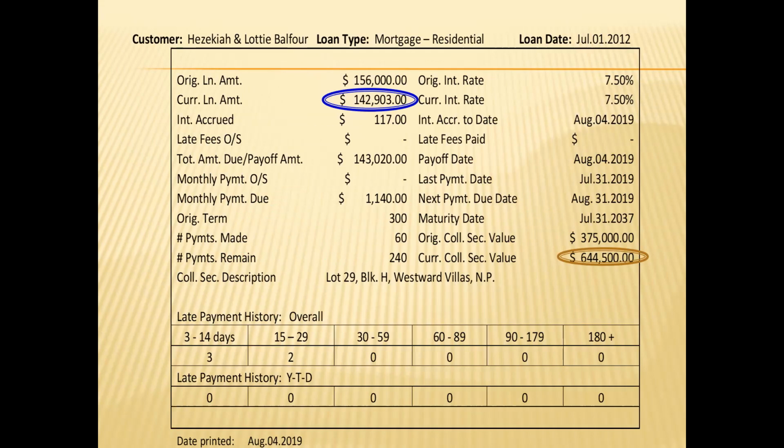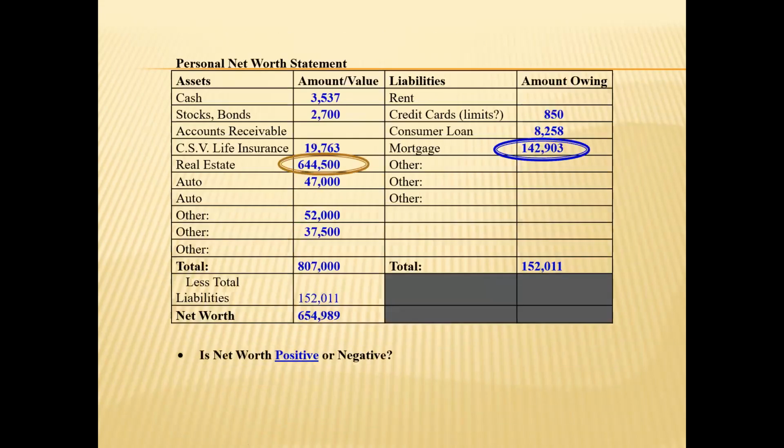So you see their net worth is 654,000, almost 655. And of that, their equity is $500,000. So that's quite a chunk of their net worth and their assets.